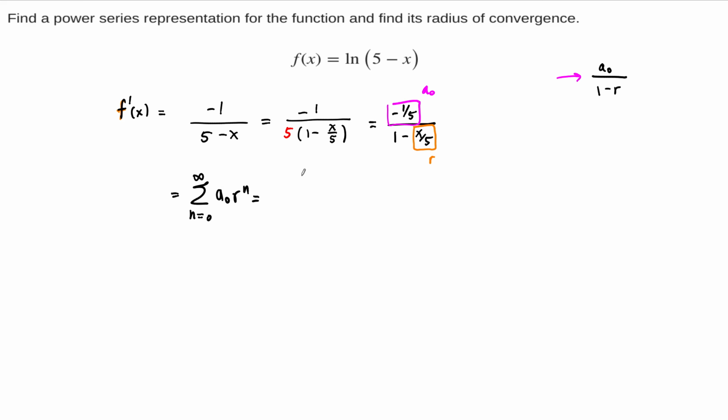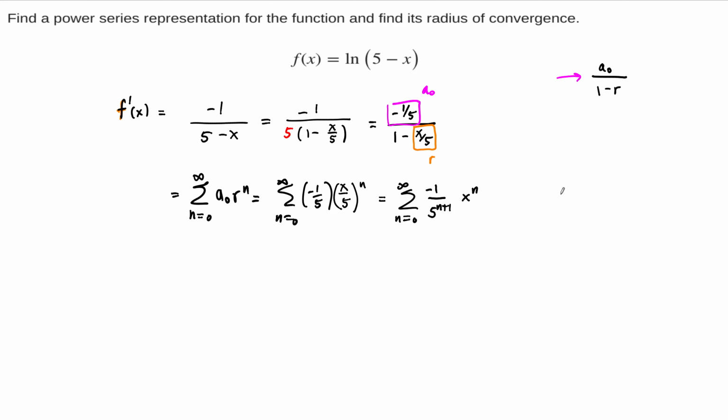So again, based on this comparison with a general geometric series, we then have negative 1/5 times x over 5 to the power n, and this can be written as the sum n equals 0 to infinity of negative 1 over 5 to the n plus 1, because you have 5 to the n and another one, all times x to the n. So this is a power series.